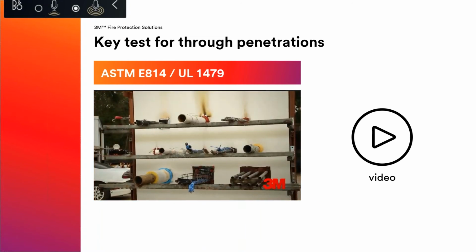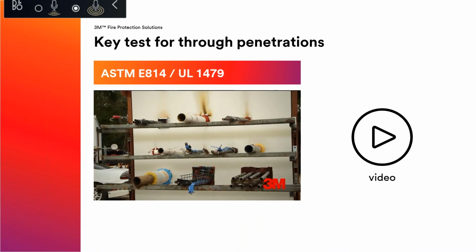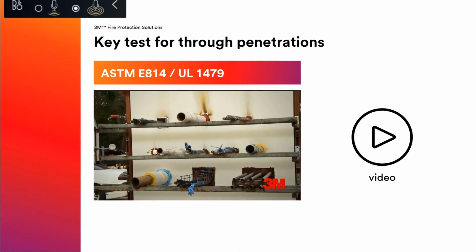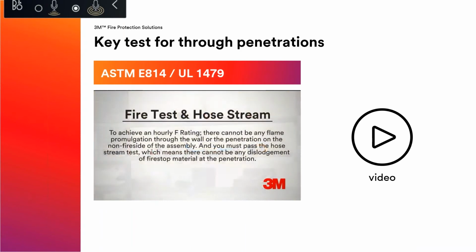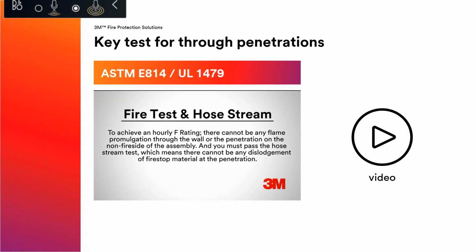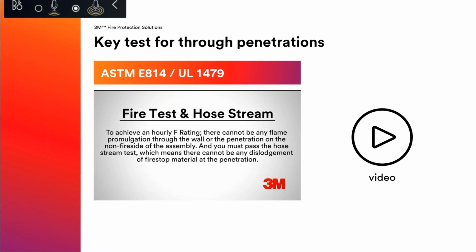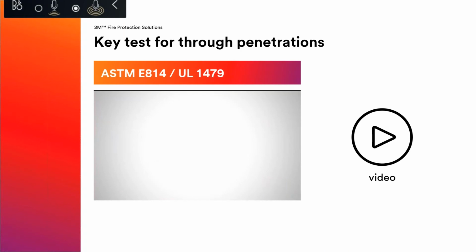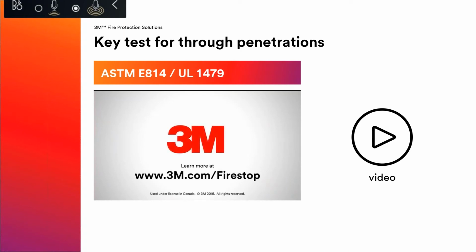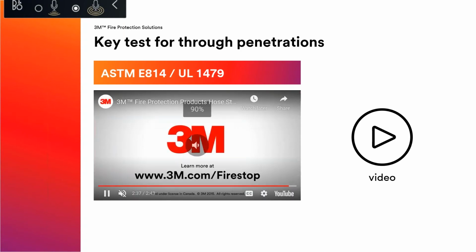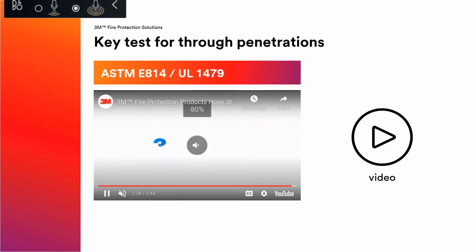So it's these openings, even as small as a little cable, a little pipe, if you don't properly fire stop those small openings, obviously that hose stream is going to blow out the firestop product. So not only does it have to withstand the high temperatures, but we have to withstand that high pressure as well. So if you haven't installed that product correctly to withstand that pressure, you're going to have a failure.